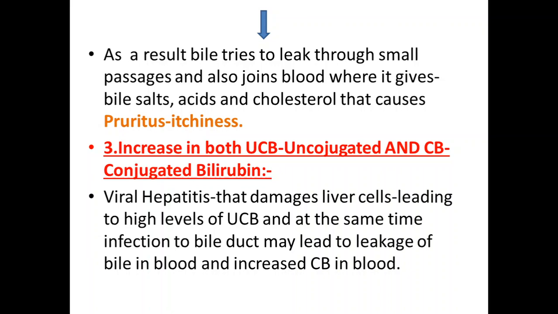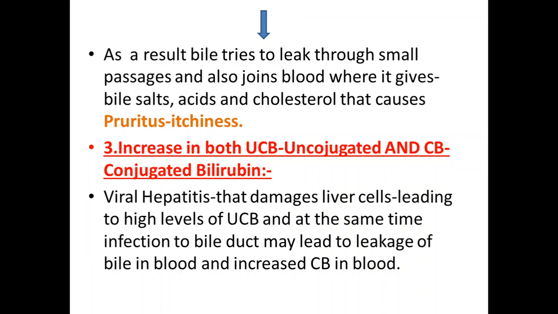So if the liver cells are damaged, they are not able to convert unconjugated bilirubin into conjugated bilirubin, and at the same time the viruses are attacking the bile duct, causing blockage and damage. So the conjugated bilirubin is also not able to travel further and get transported and metabolized.